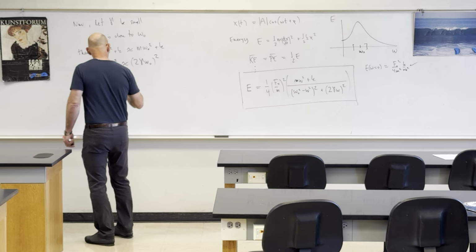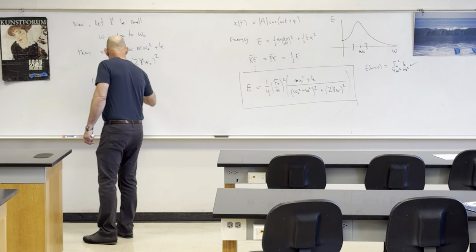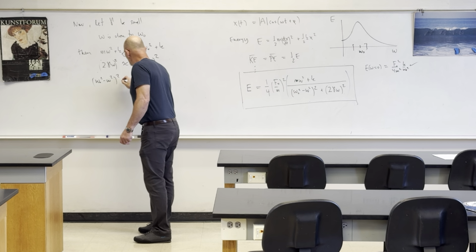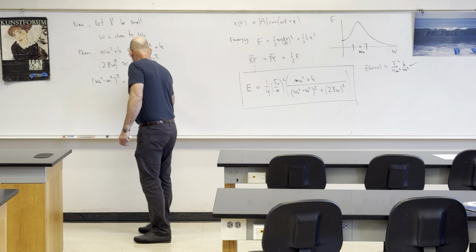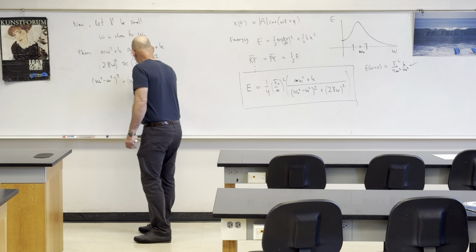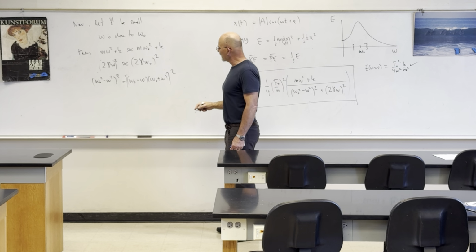And what we're going to do is, omega naught squared minus omega squared, squared, is going to be, well, first of all, equal to omega naught minus omega times omega naught plus omega, right? The difference of squares, that whole thing squared.